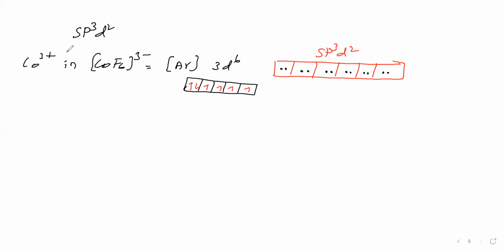Now here, in the two examples, we said which is the outer orbital complex and which is the inner orbital complex by taking an experimental fact, the magnetic moment.